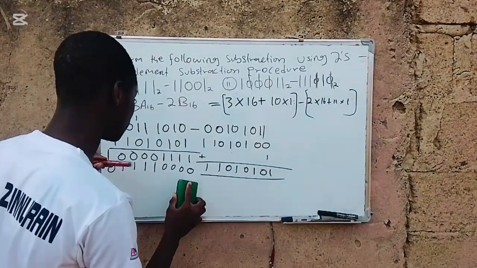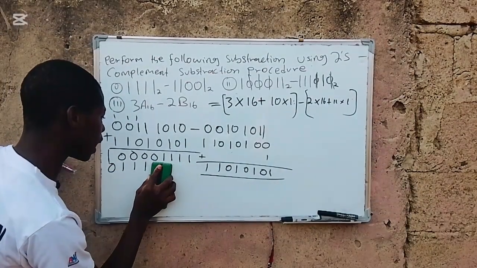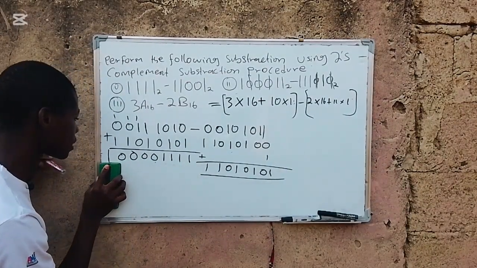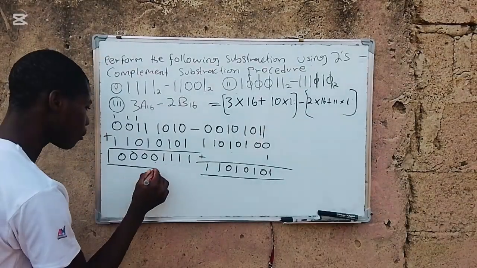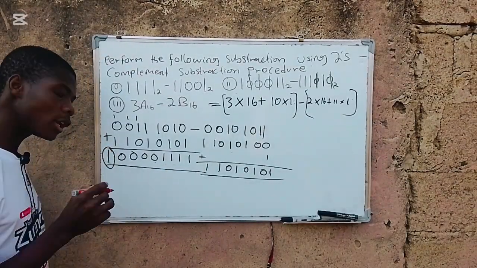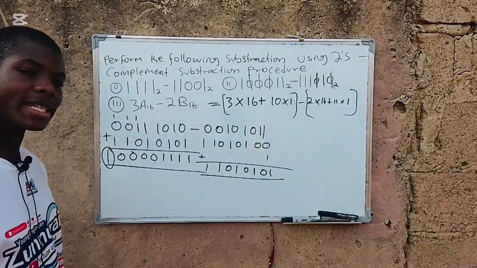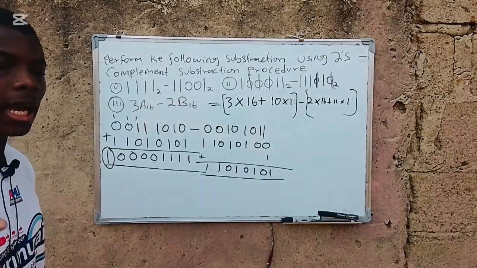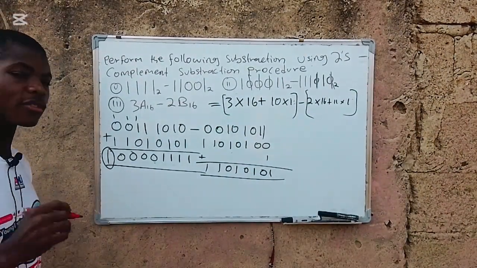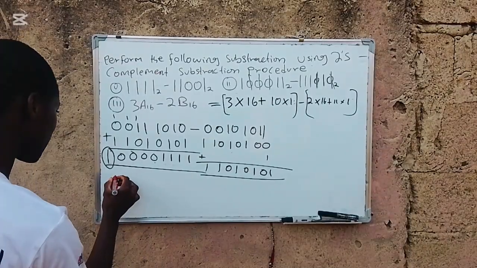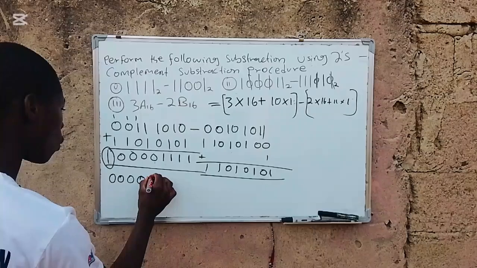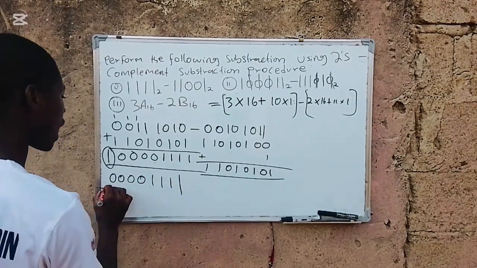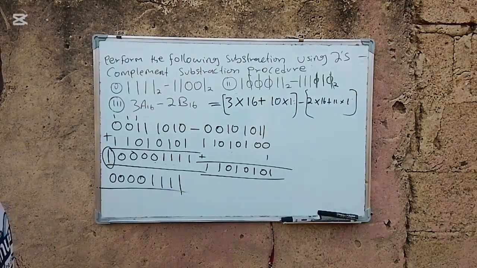As you can see, I am not supposed to convert this because I already got the positive number. Whenever it ends with a 1, it is an end-around carry. End-around carry means that the number is positive. So I will just have 0 0 0 0 1 1 1 1 as my result.